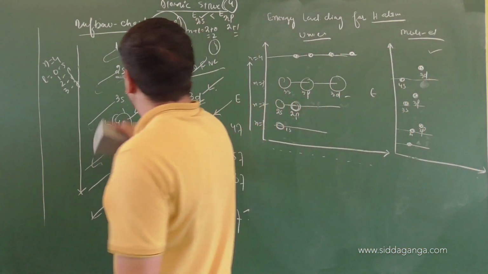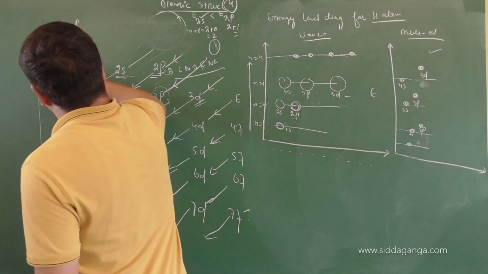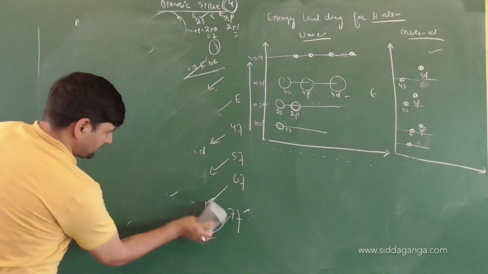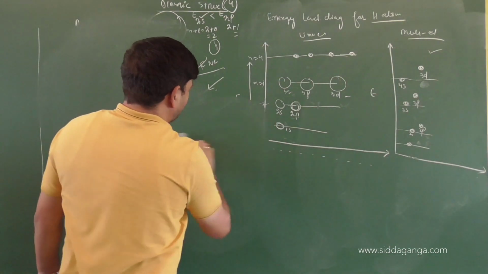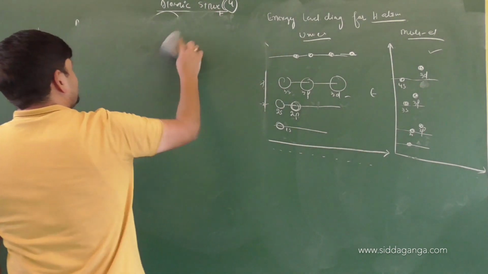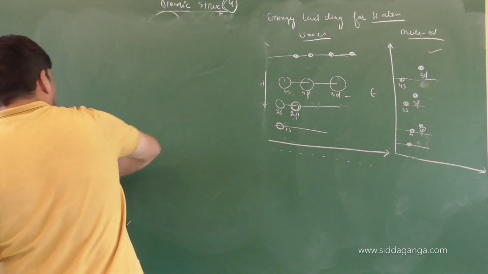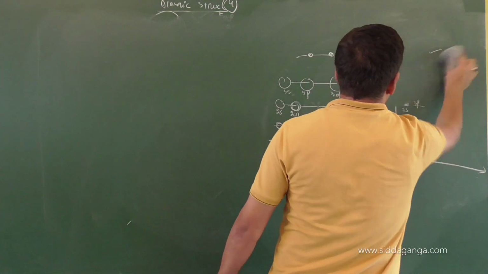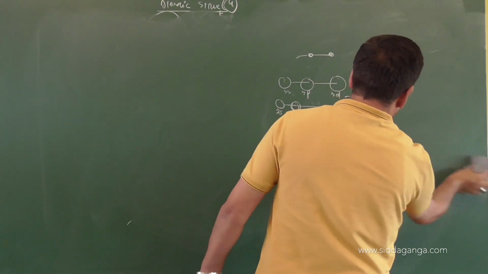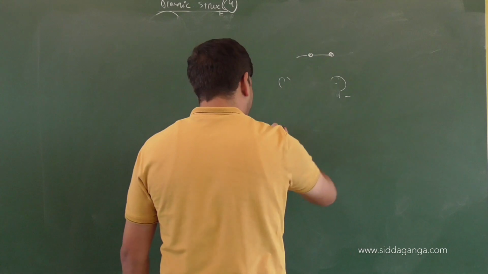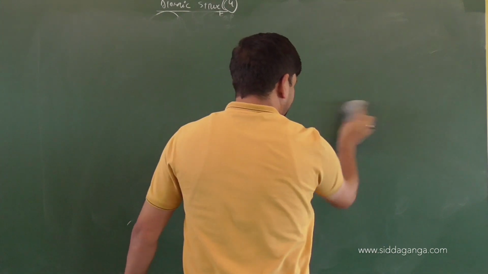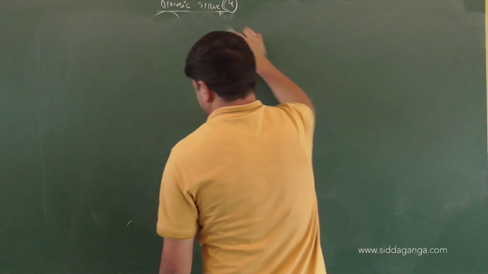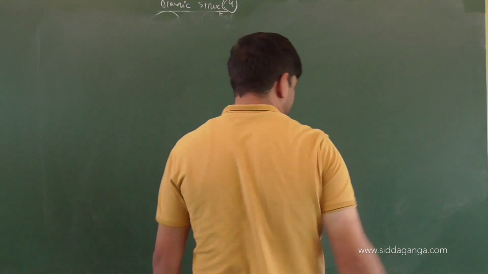So first of all, children, we will do some examples wherein I want all of you first to understand the notations according to quantum numbers. If the quantum numbers are given, what subshells or what orbitals are they representing? And then we will move into further applications. First, we'll understand the notations.